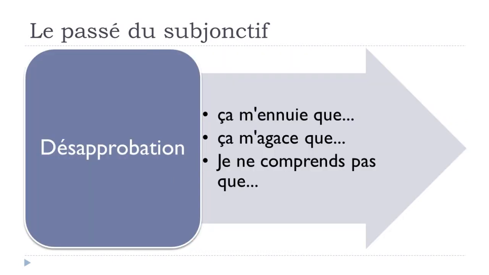Désapprobation, and so we could have ça m'ennuie que, it annoys me that, ça m'agace que, it bothers me that, je ne comprends pas que, I don't understand that. And the same thing, what's coming after, if you want to express something in the past, then it should be le passé du subjonctif.